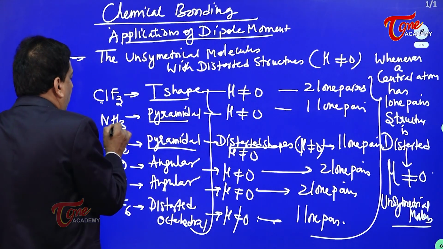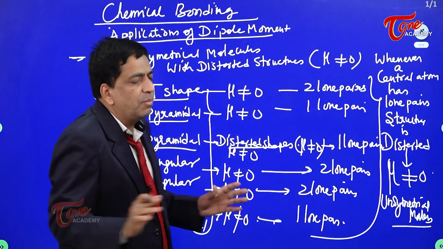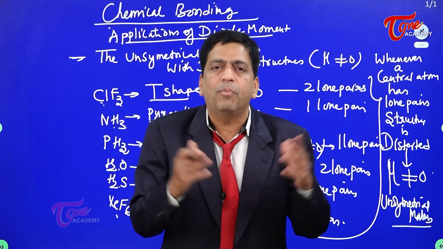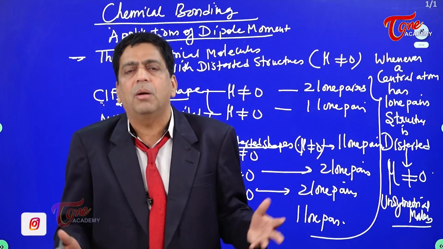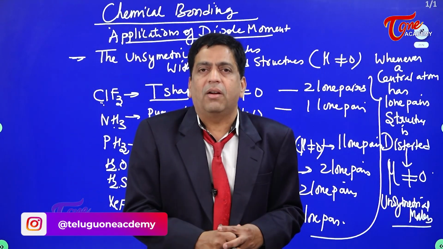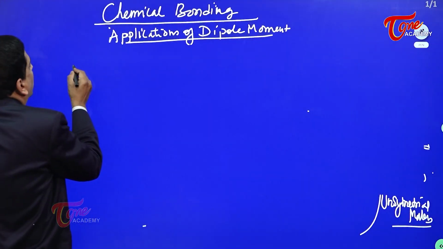So ammonia, PH3, H2O, H2S, XeF6, all these are unsymmetrical molecules because you have a prevailing resultant dipole moment which is not cancelled as in the case of symmetrical molecules. You must understand this. Right? So let us finally write down something. It is as simple as that. Please look into this.